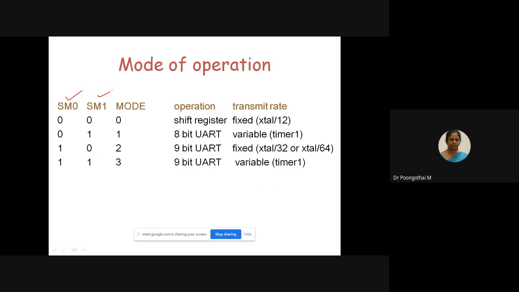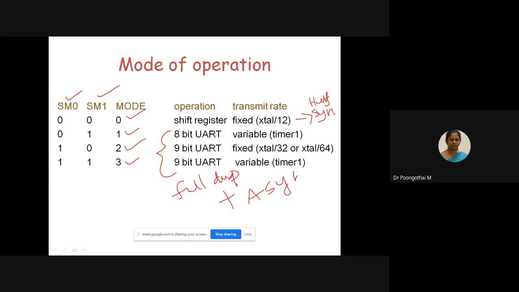SM0 SM1: 0 0 is mode 0, 0 1 is mode 1, 1 0 is mode 2, 1 1 is mode 3. The first one supports half duplex synchronous data transfer. The remaining 3 provide full duplex communication with asynchronous data transfer.